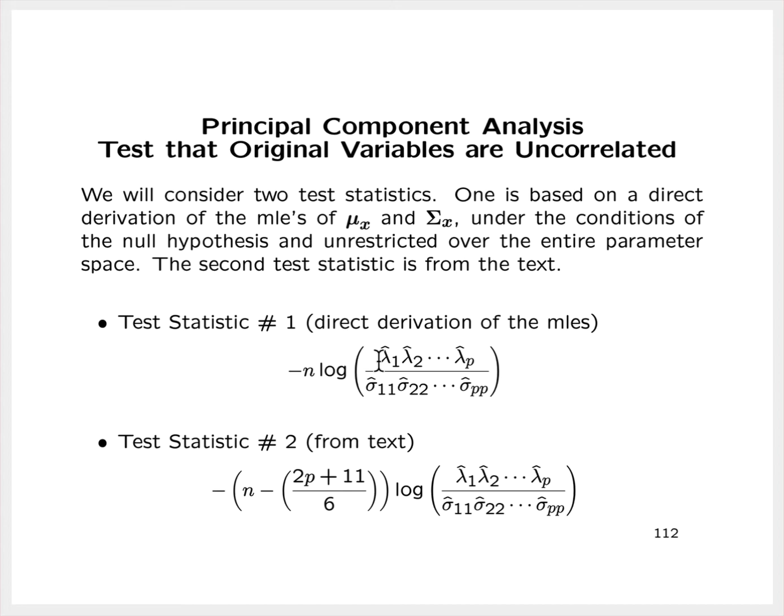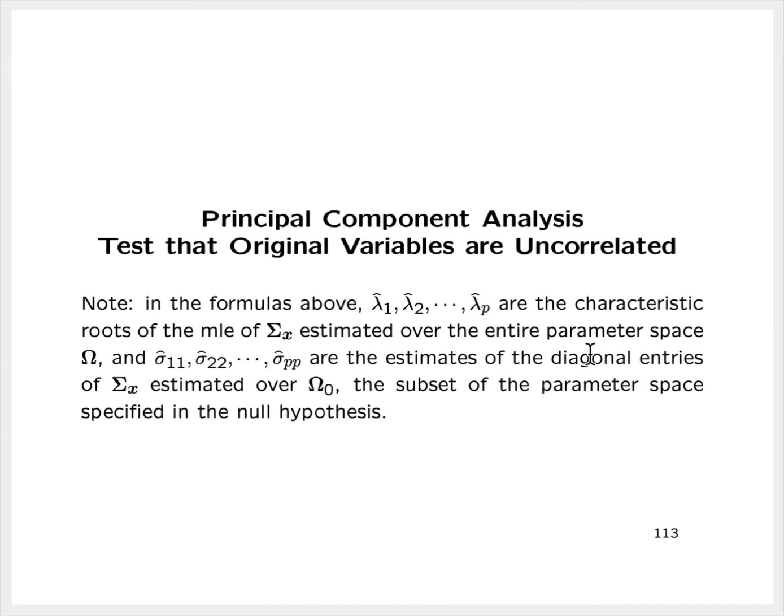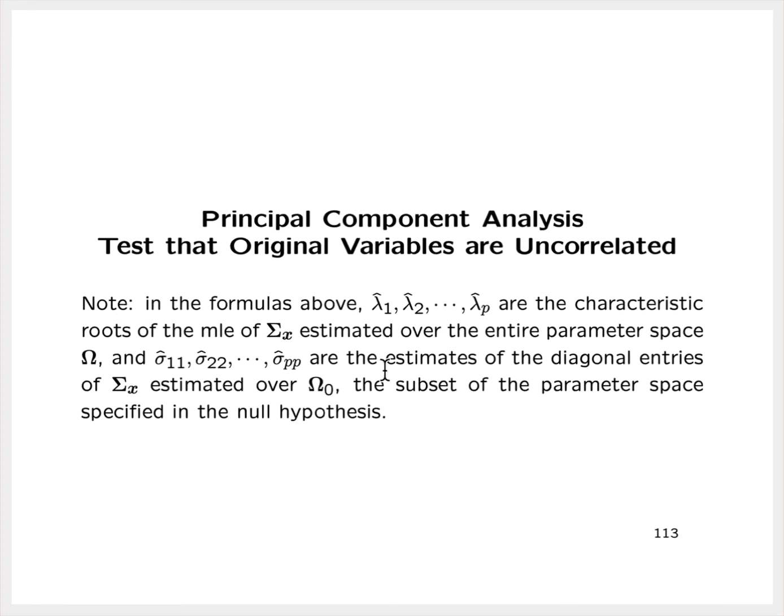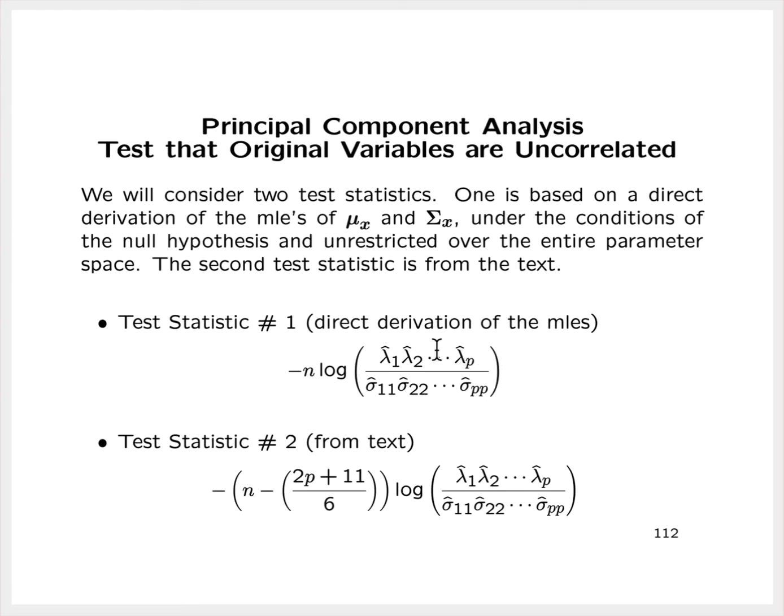And remember that these lambda hats are the characteristic roots of the estimated covariance matrix, where we're estimating it without any restriction. The values in the denominator, the sigma hats, are the estimates of the diagonal entries of the covariance matrix under the restrictions of the null hypothesis. And so we have to come up with those values.